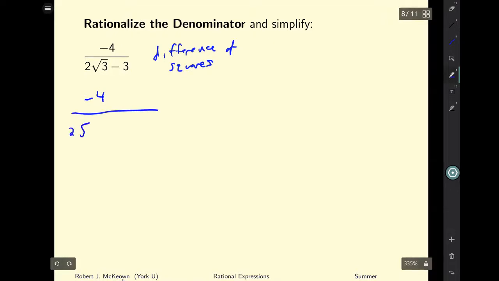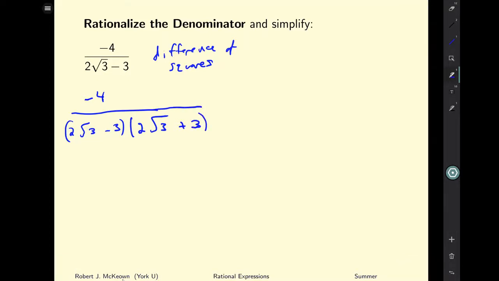If I multiply the denominator by the same expression but with a plus, I'm going to be able to get rid of the square roots, and I'll show you why. And if you remember the difference of squares, you already know why. Let's try this. 2 times the square root of 3.